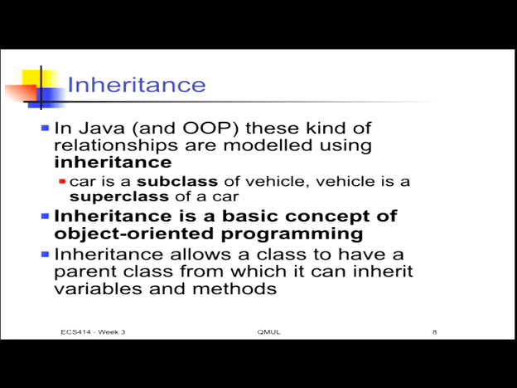In concrete terms, what this allows is an economy of code. Instead of having to write lots of code, you can write code in a superclass, and then you don't need to rewrite it in the subclasses. From a practical point of view, this is one of the advantages.